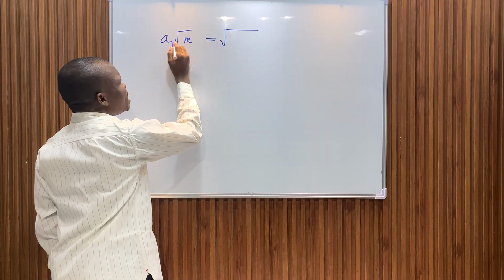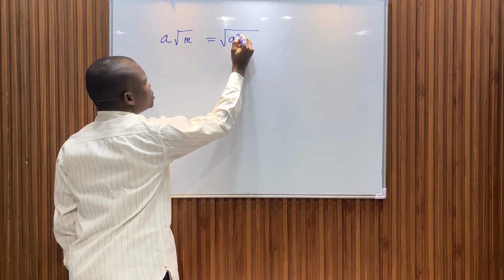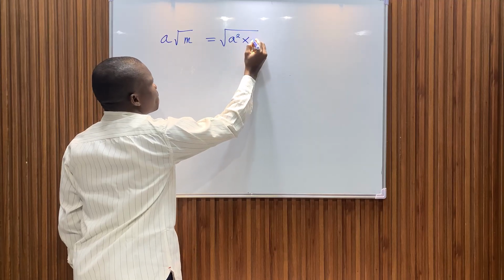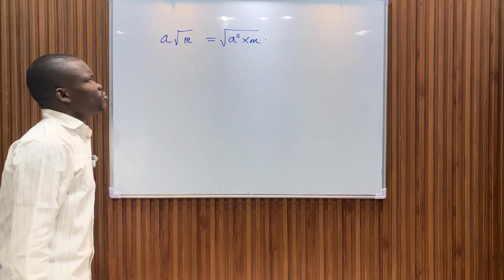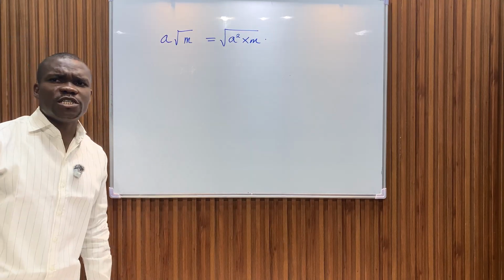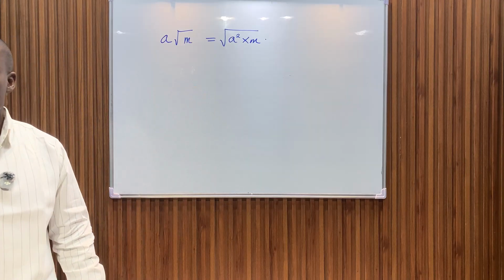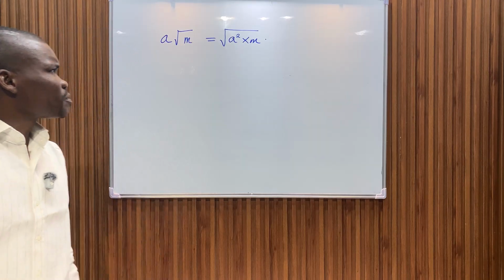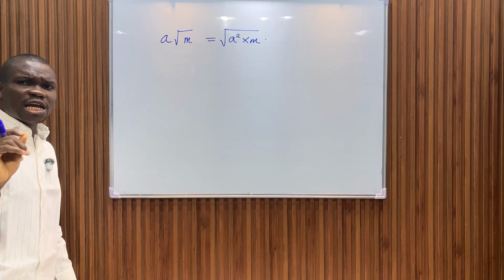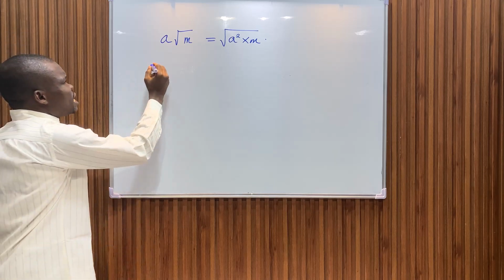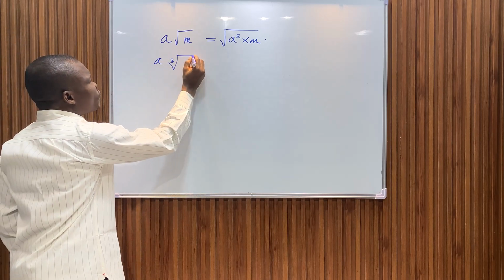So once this a enters here, it becomes what? a square, then multiplied by m. So take note of that rule. a root m is equal to what? Square root of a square times square root of what? m.